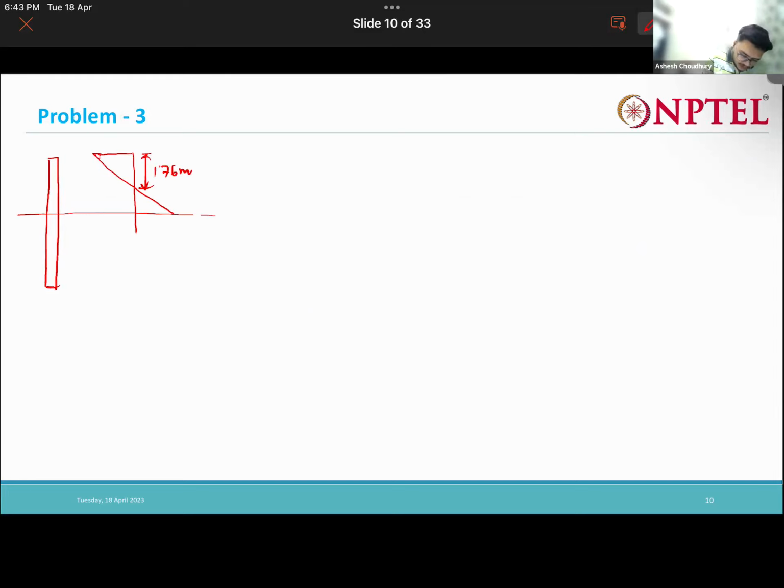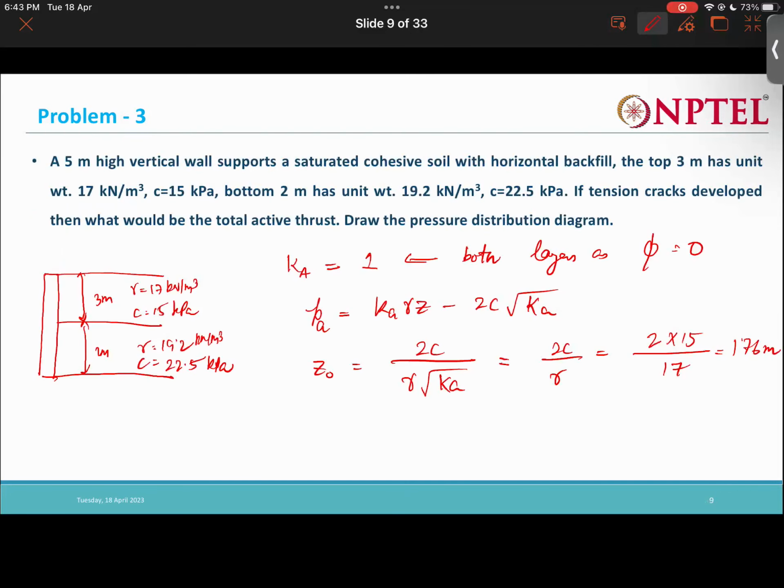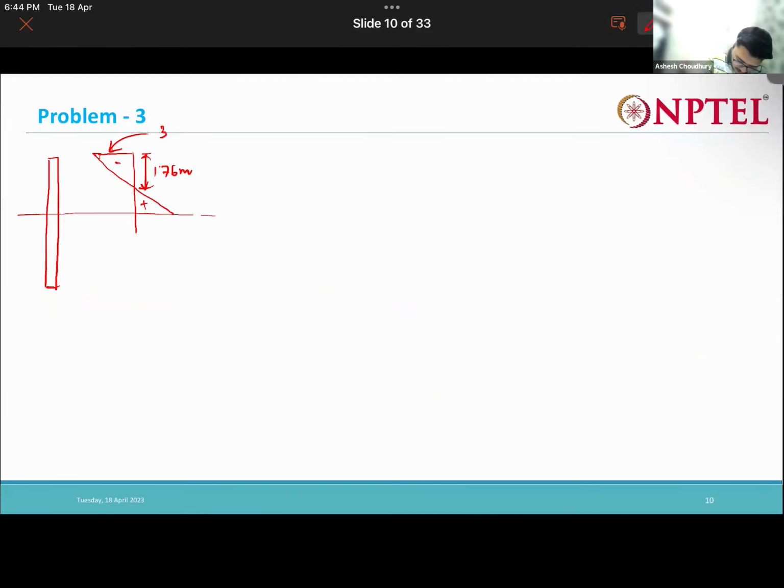This is minus, this is plus. What is this value? 2C root over K means 2C only, which is 2 into 15, that is 30, since K is 1. So this is my 30 kPa.